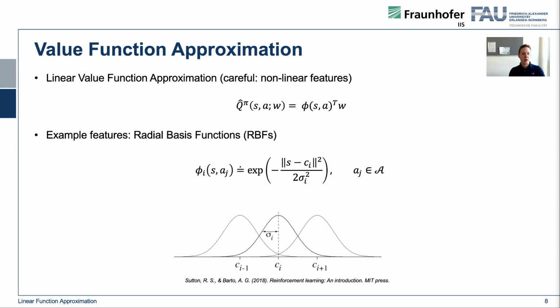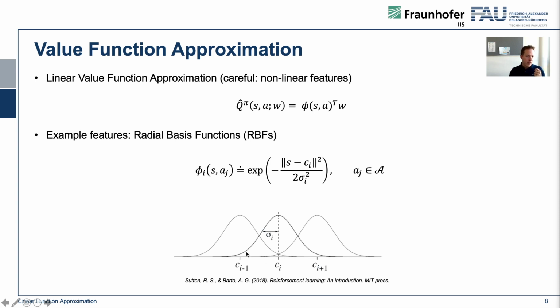So RBFs are a natural generalization of this, meaning how close our continuous-valued feature is to this radial basis function, in terms of how active the radial basis function is towards this position. Radial basis functions have a Gaussian bell-shaped response defined by their feature width and their center state.